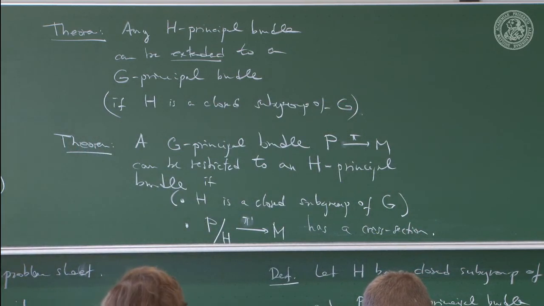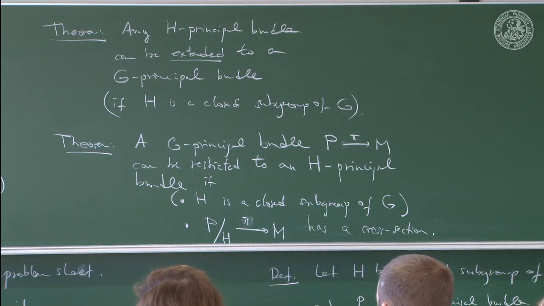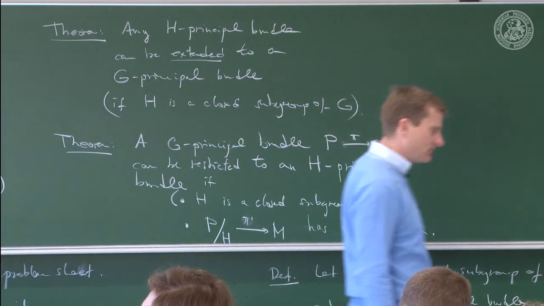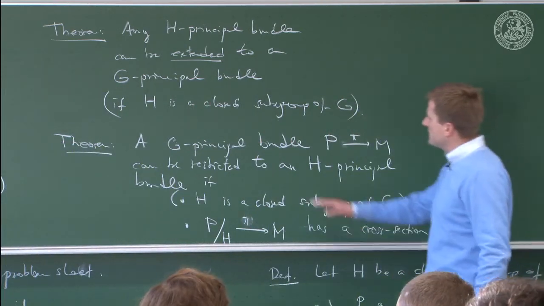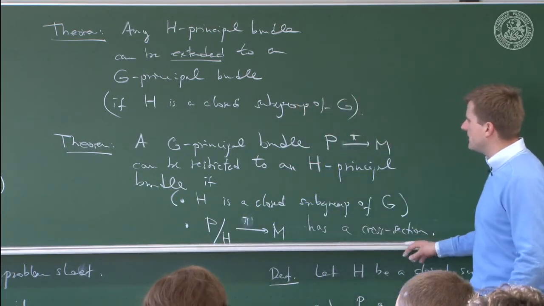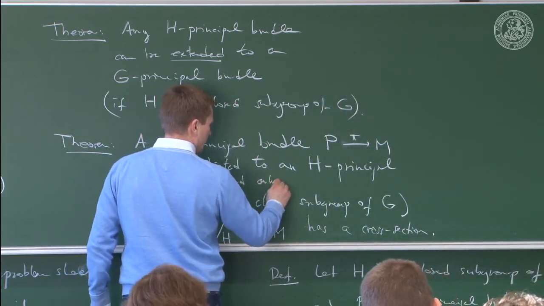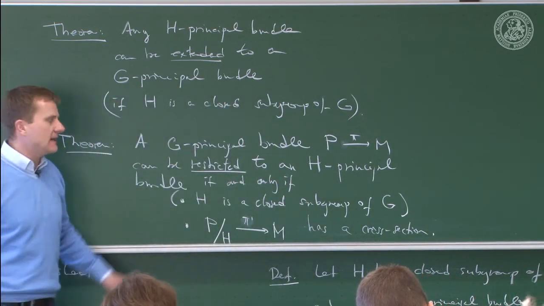You remember we already had the theorem that a principal bundle is trivial if and only if it has a cross section. Now here, from this G principal bundle, we consider this quotient bundle, and if and only if this quotient bundle has a cross section.